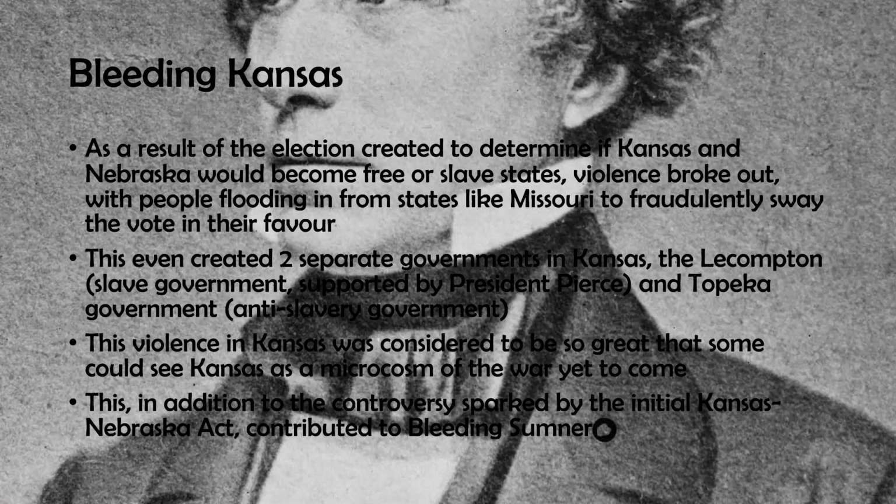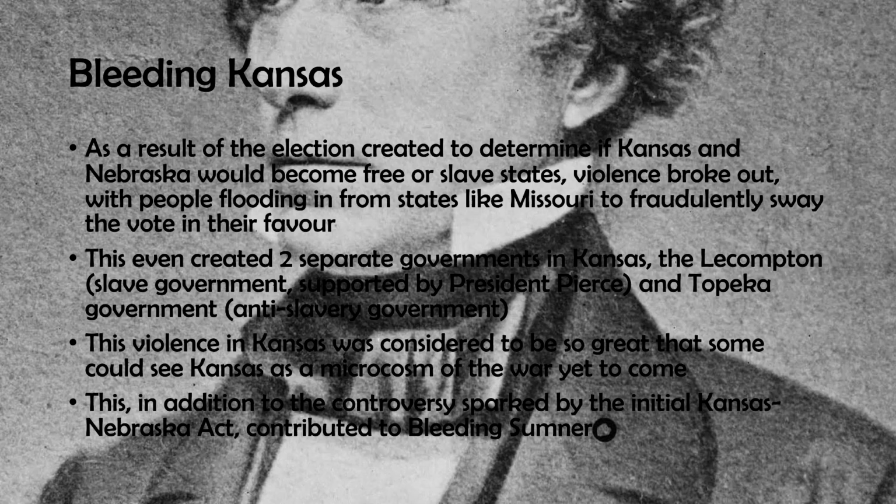This created Bleeding Kansas. That's a playup of President Pierce. Violence broke out because of people fraudulently trying to sway the vote in their favour. You had quite a few people from Missouri. I think you had 3,000 armed civilians come from Missouri to create some violence and make sure they got their way.